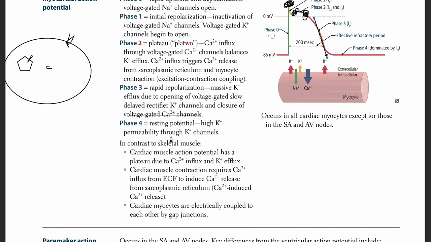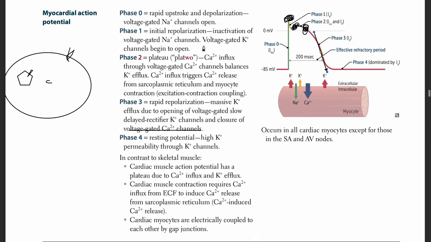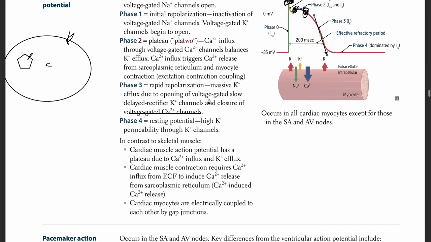Then we have phase 4, resting potential, with high potassium permeability through the potassium channels. Even though this was about voltage gated channels, right here they're closed, the voltage gated potassium channels are closed.